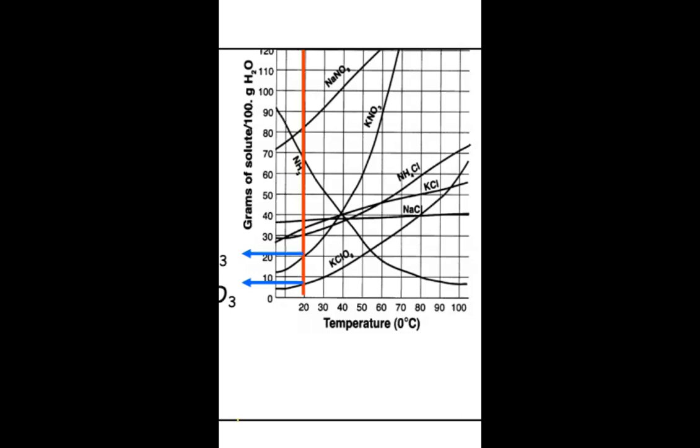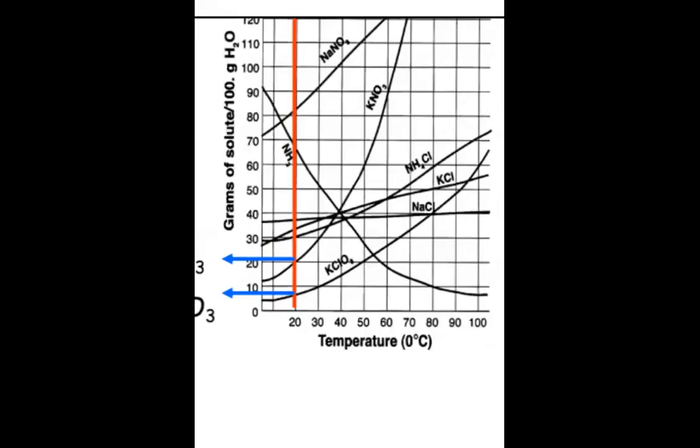Look at the position of KNO3. Take 20. What is going to be the mass of KNO3 at 20 degrees Celsius? 20. But there are some that are more than that. Some are more. Look at the curve very well.